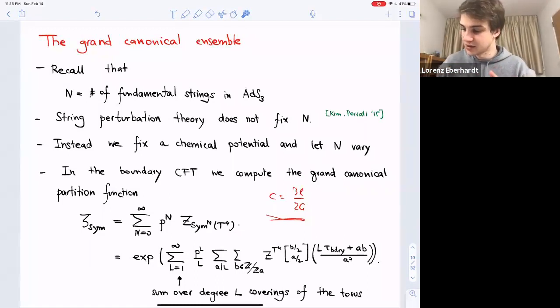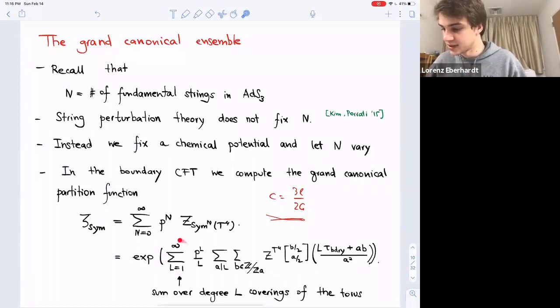And all the possible unramified coverings you can write by some exponential map, which generates the disconnected ones. So if here are all the connected coverings, taking the exponential produces all the disconnected coverings also. And now you just have to sum over all the connected covering maps of the torus. And this is the sum over the degree of this covering map.